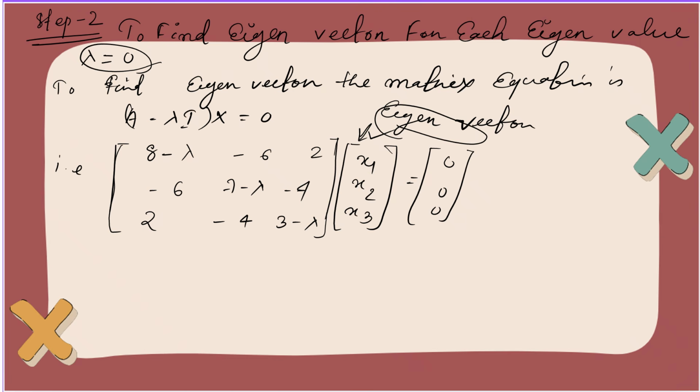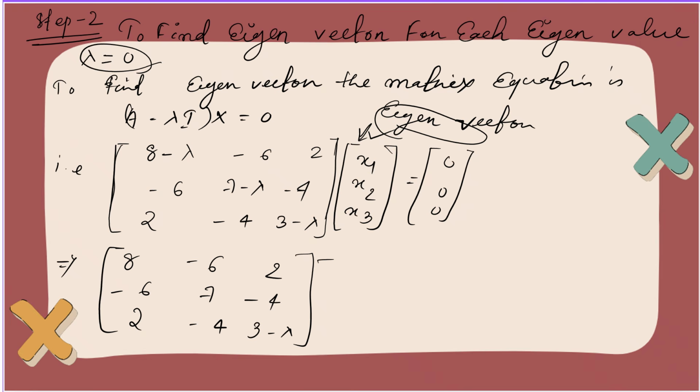How to find the eigenvector? Now you have to put the value of lambda. When you put the value of lambda, you get the matrix 8, minus 6, 2; minus 6, 7, minus 4; 2, minus 4, 3 minus lambda, which is multiplied into x1, x2, x3 equal to 0, 0, 0.